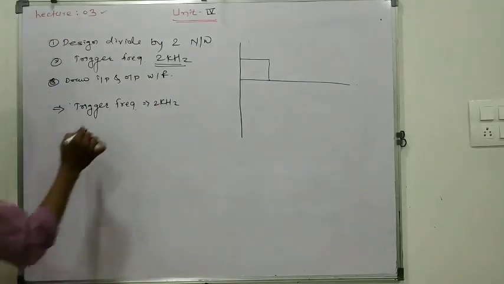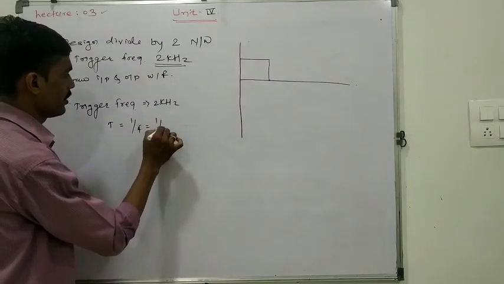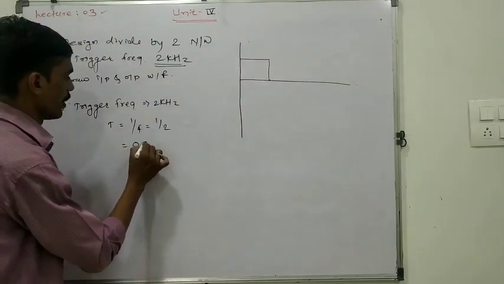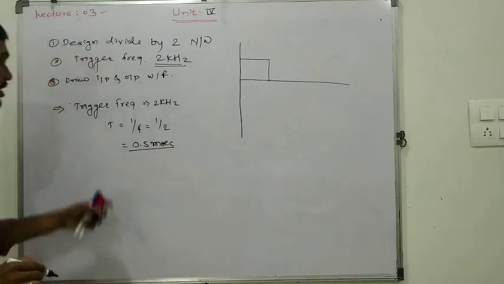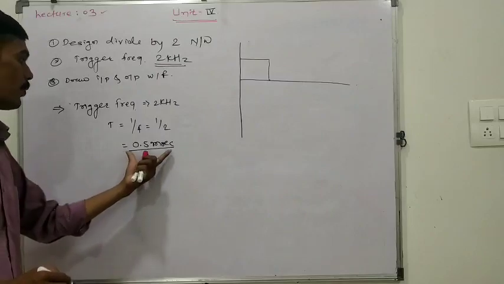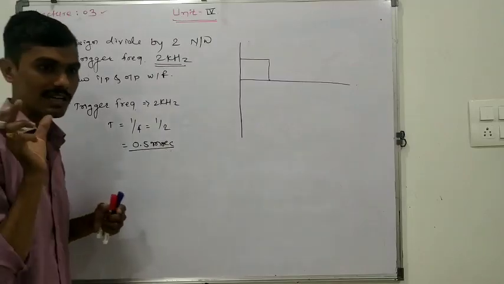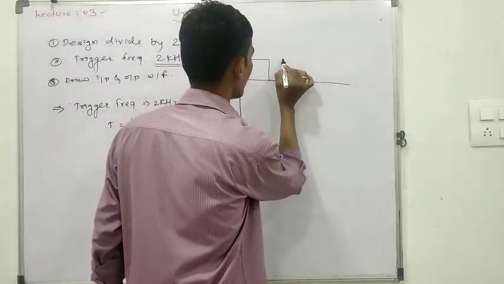If I want to calculate T, that is 1 upon f, that is 1 upon 2, so it is 0.5 millisecond. So the time period for this triggering frequency is 0.5 millisecond. To complete a single cycle, we require 0.5 millisecond.